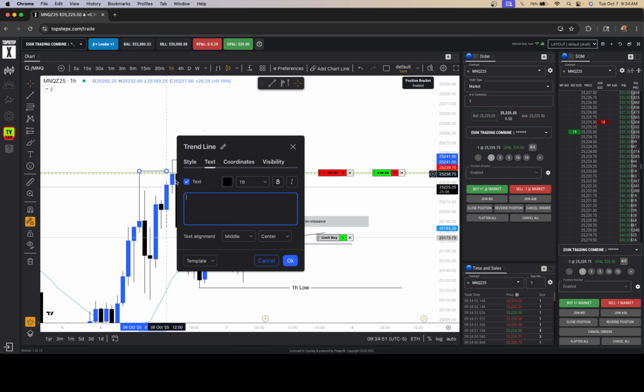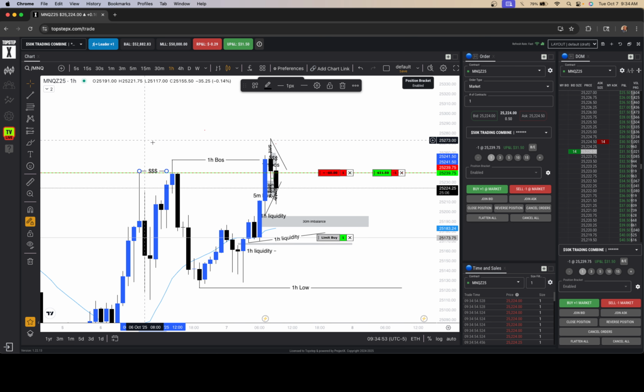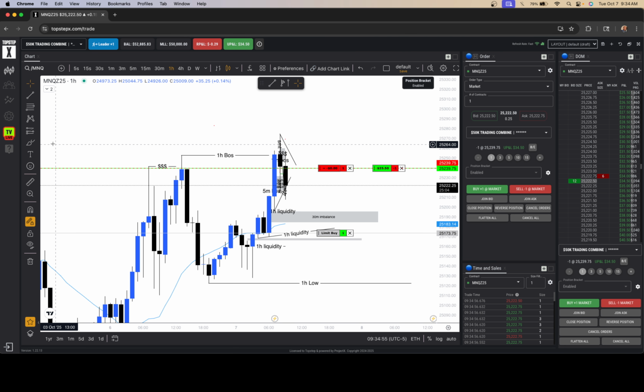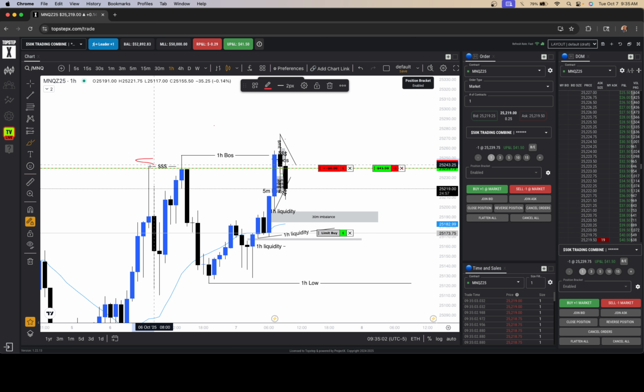And when I say swept, once again, to put liquidity into perspective for people who don't understand it, there are sellers right here in the market. When price comes right above it, these sellers exit their sell positions with buy orders. That's what their stop loss is. It's a buy order.